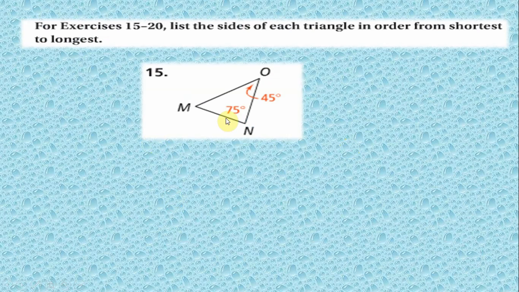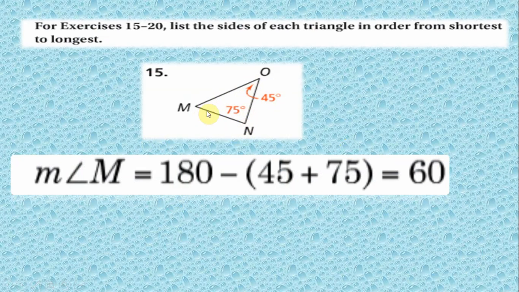To put an order, you must get the three angles. I have only 2. Already 45 is smaller than 75, but what about M? Maybe it is greater than one of them, greater than 75, or less than 45. You must calculate it. The sum of the measures of the angles of any triangle is 180, then angle M is 180 minus the sum of the two angles.